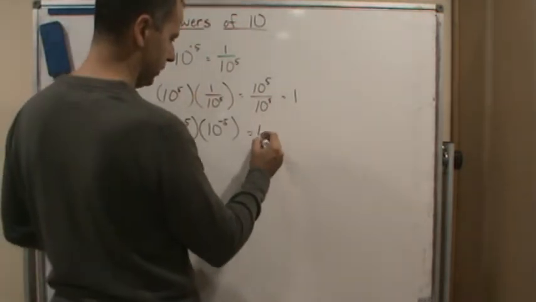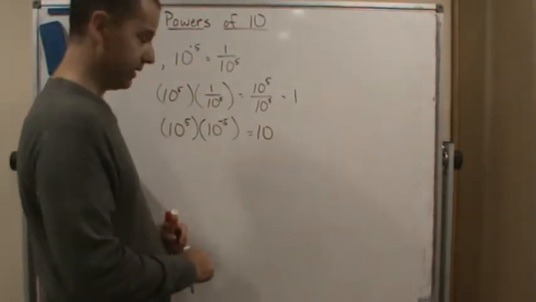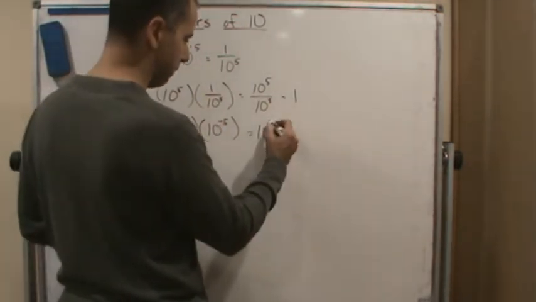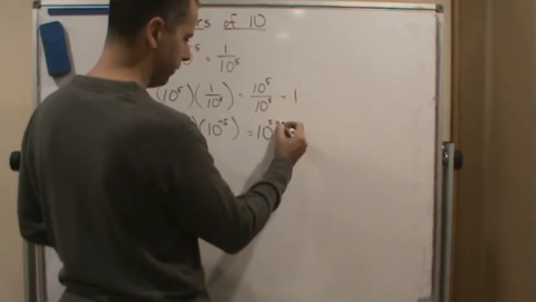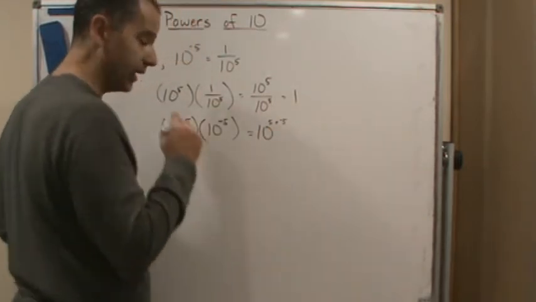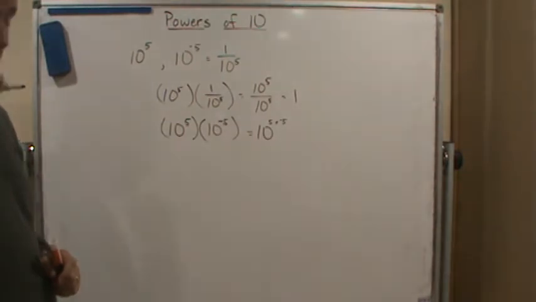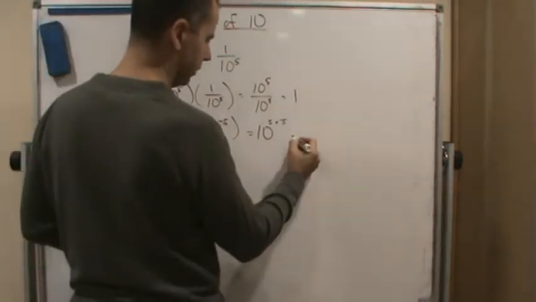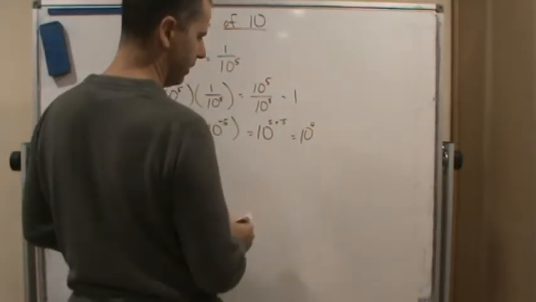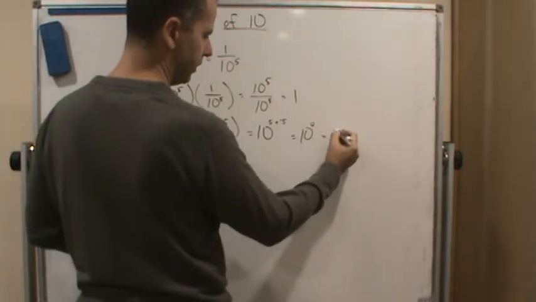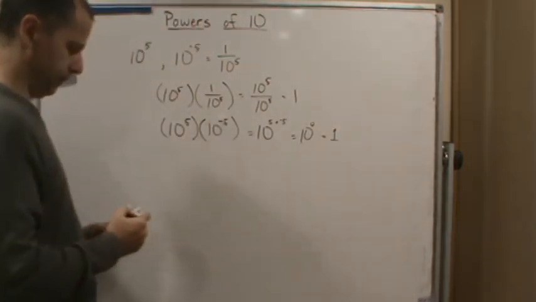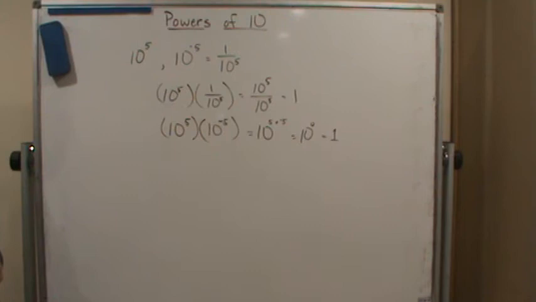If we have two exponentials with the same base, in this case 10, then to multiply, we add the exponents. So this would be equal to 10, we keep the base and we add the exponents, 5 plus negative 5, which equals 10 to the 0, which by definition equals 1. So we get the same answer.